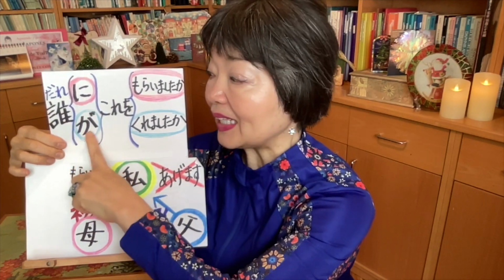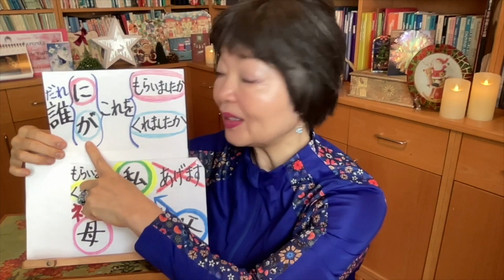I got a necklace from my mother. And now, who gives, 母が. Here the subject is が or は, 母が or 母は, 私に, but we can omit it: ネックレスをくれました.